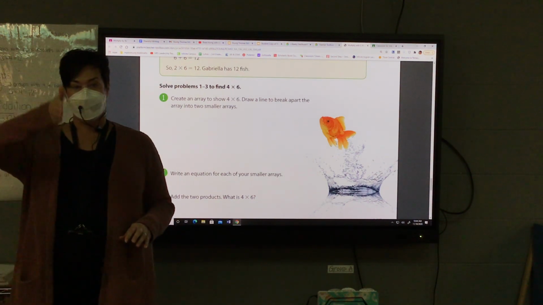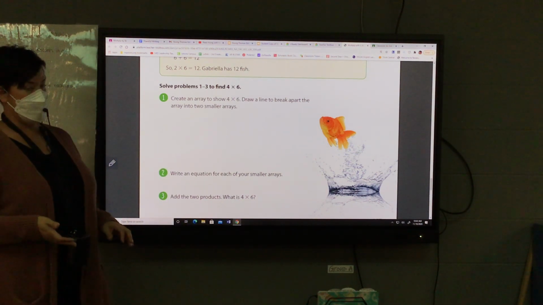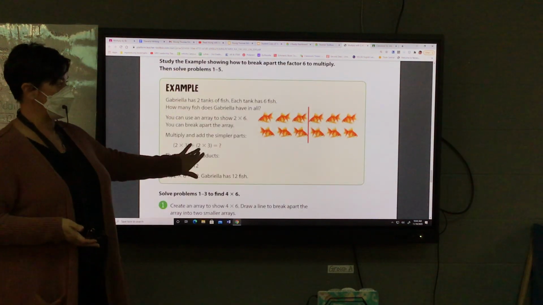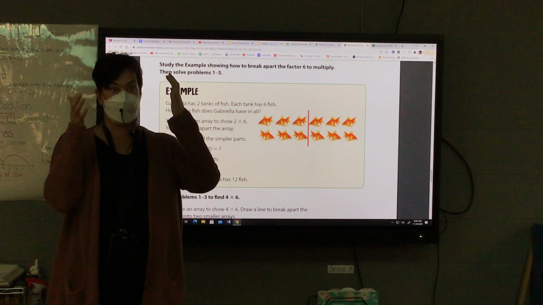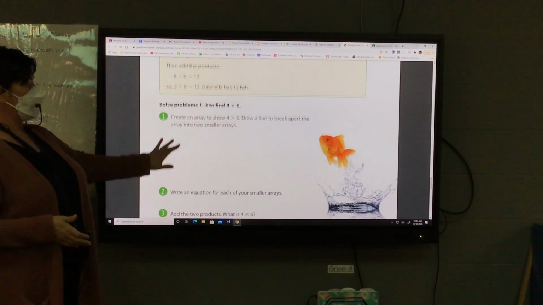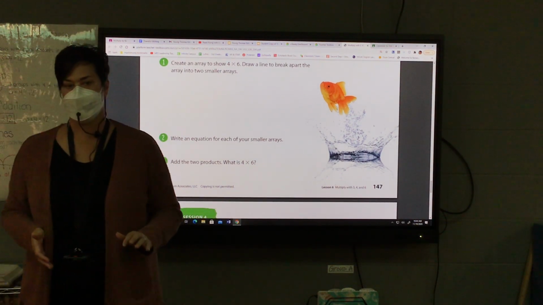Draw a line to break apart the array into 2 smaller arrays, just like they did up here. Is it okay to look back at their example just in case your brain forgets what you need to do next? I would. So go ahead and draw your array to show 4 times 6.